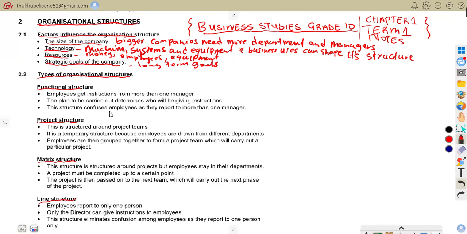Hope we are together. Now let us come to the types of organizational structure.